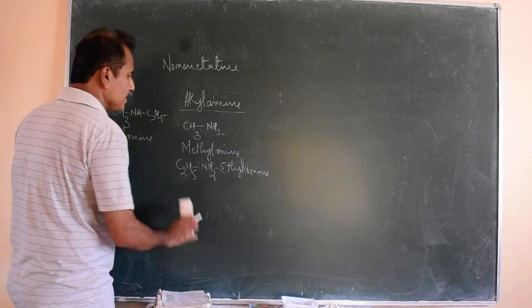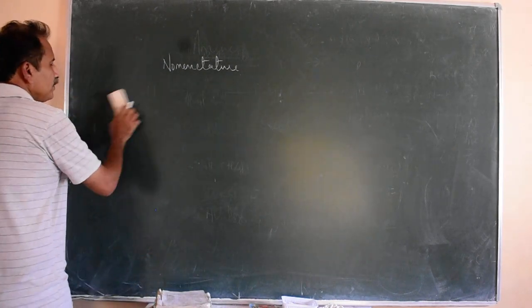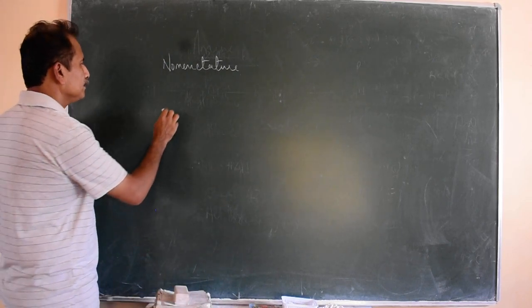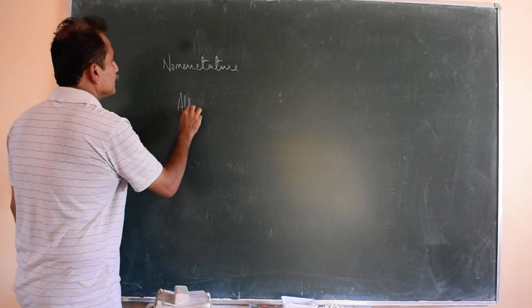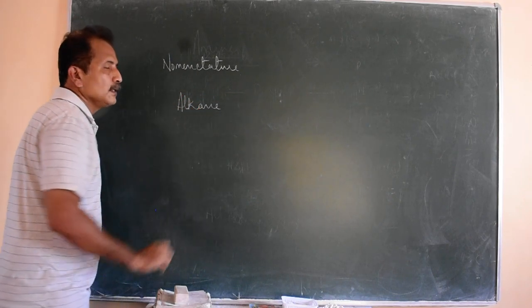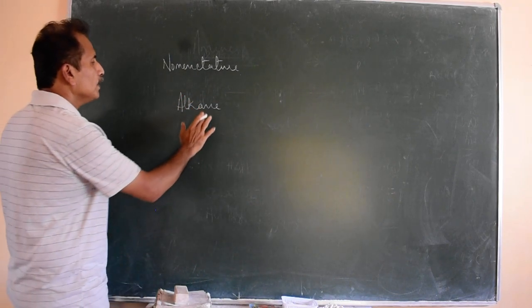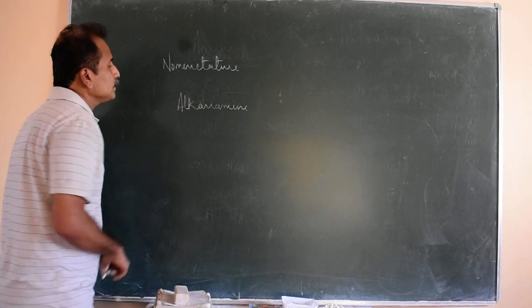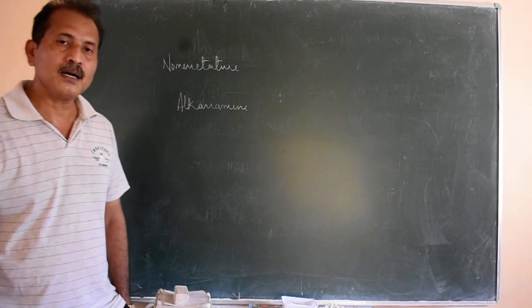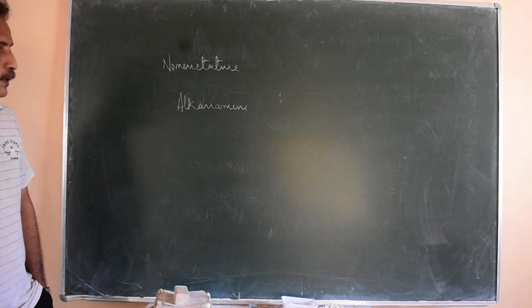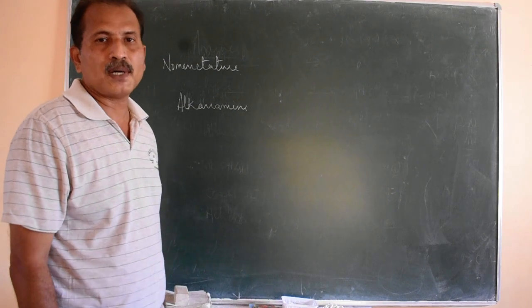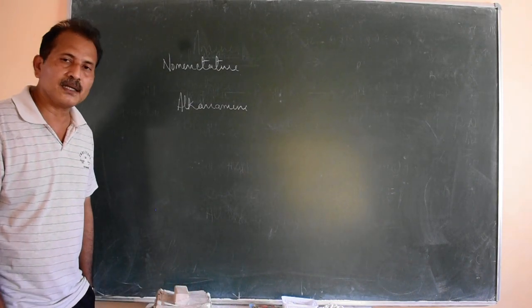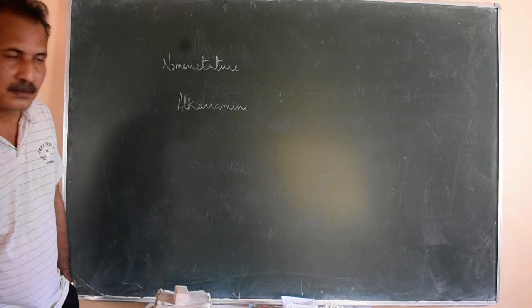But according to IUPAC, to derive the name of an amine, you should write the name of the alkane, remove the E and add the word amine to that. So it becomes alkanamine. Amines are named as alkanamines by replacing the E with the word amine.